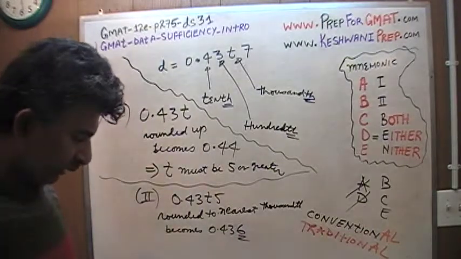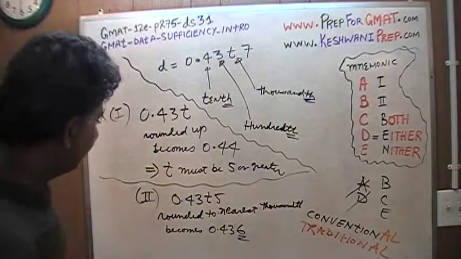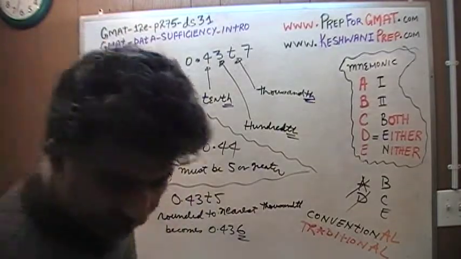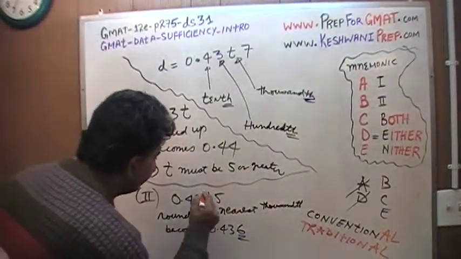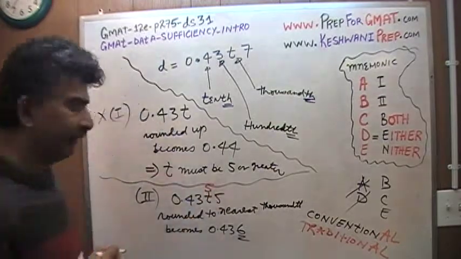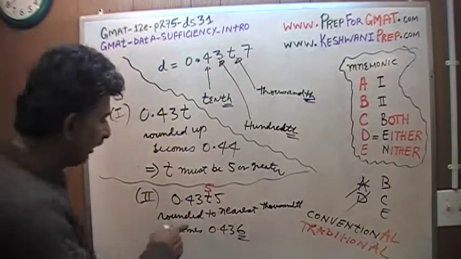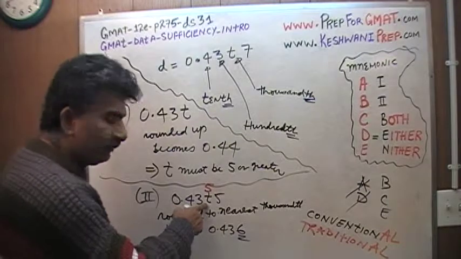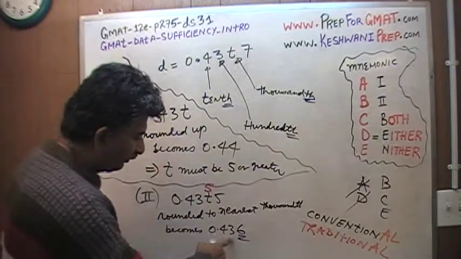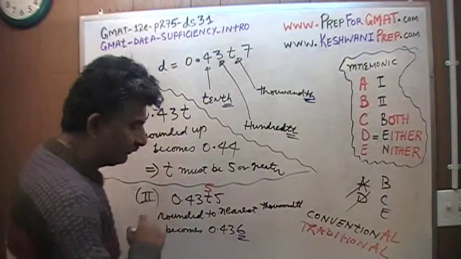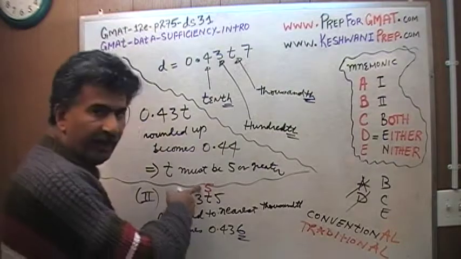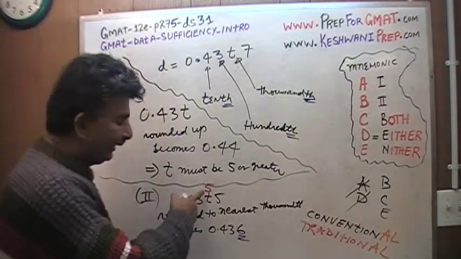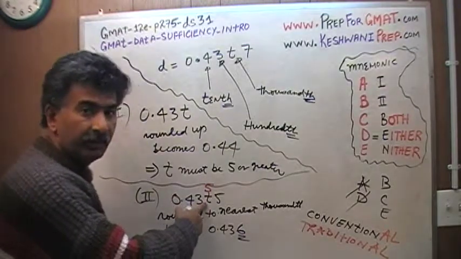Well, if it becomes 0.436, then this t must have been 5 to begin with, because you just told me that when I round it to the nearest 1000th, it becomes 6. It could not be 7. Had it been 7, it would have become 8. Had t been 2, it would have become 3.